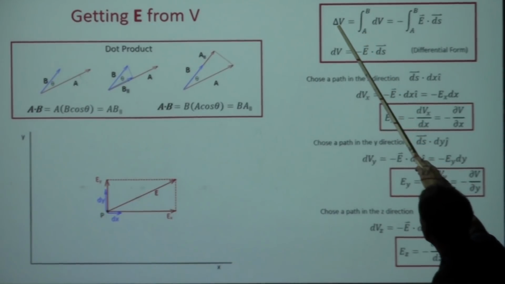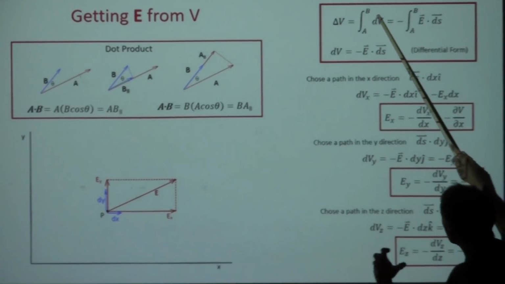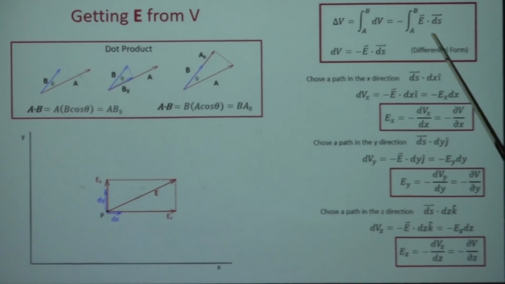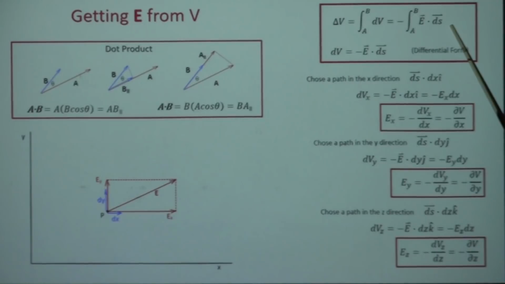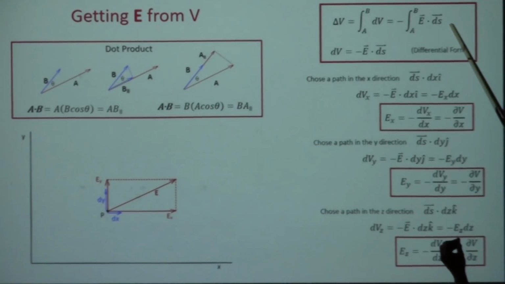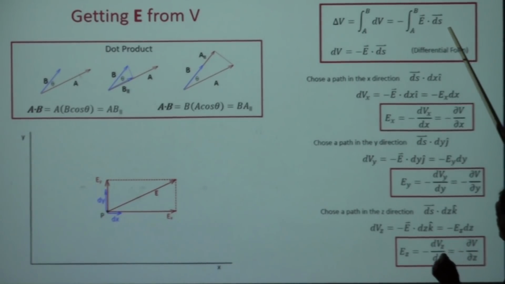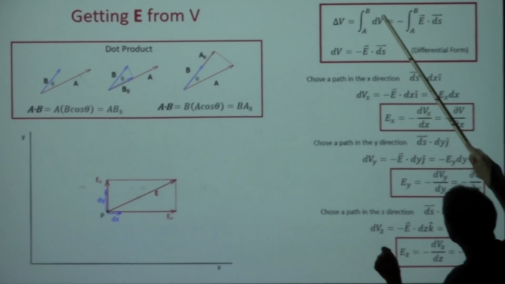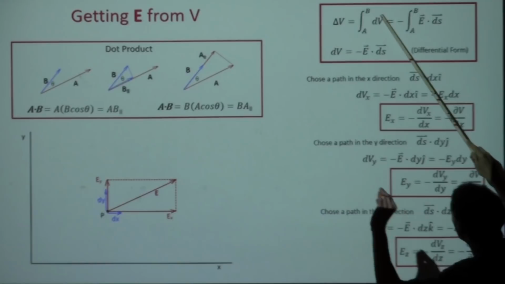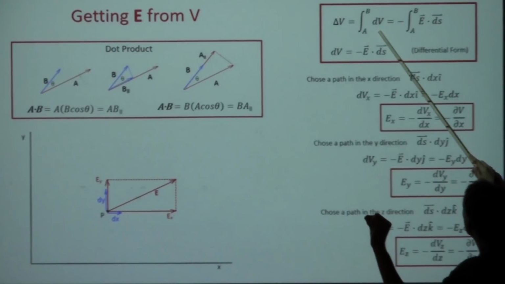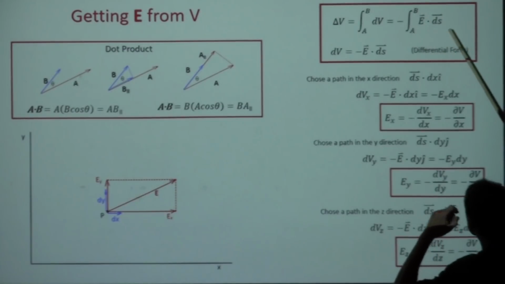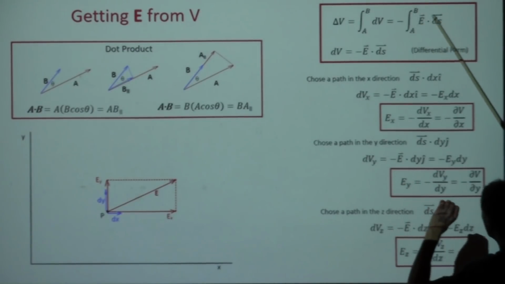Formally, we write the change in potential, which is really just adding up a bunch of potentials, as equal to minus E dot ds. Now what can be helpful for us is to see this in differential form. The idea is that we're doing a bunch of integrals: delta V is adding up a whole bunch of little dV's, and this is adding up a whole bunch of these little dot products.